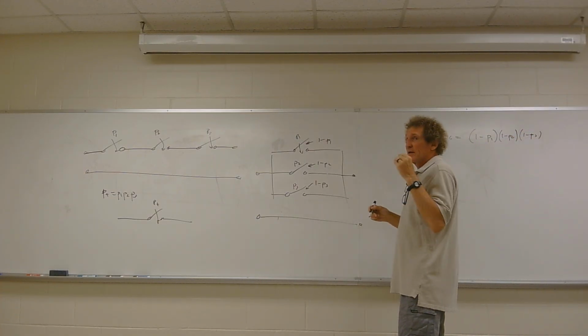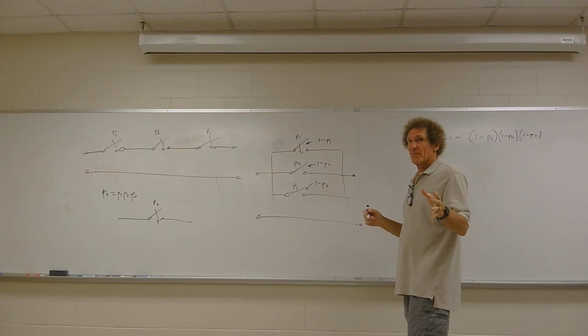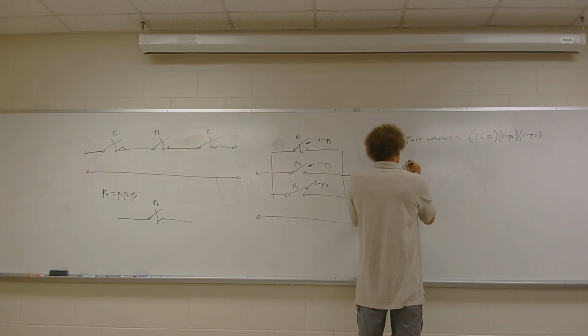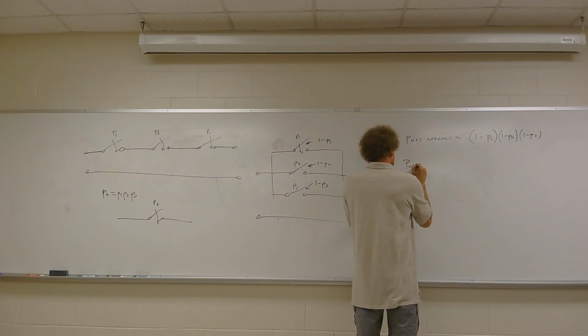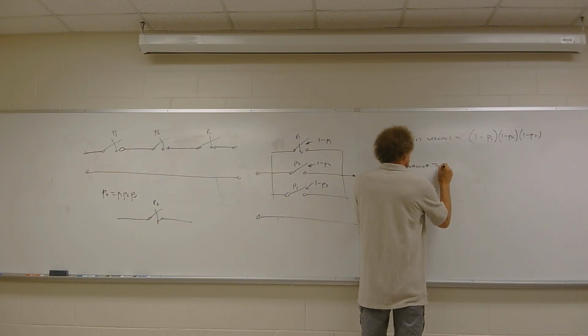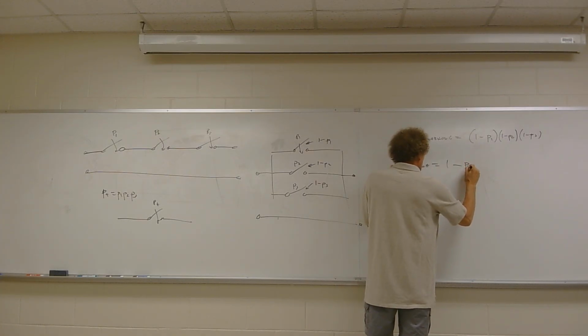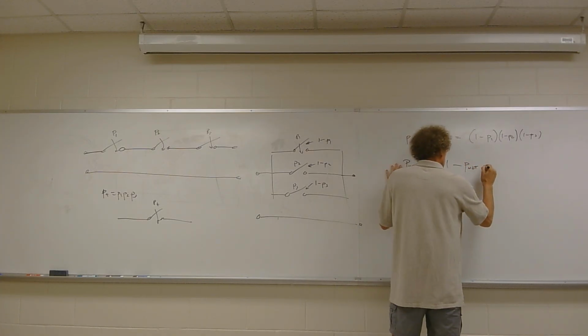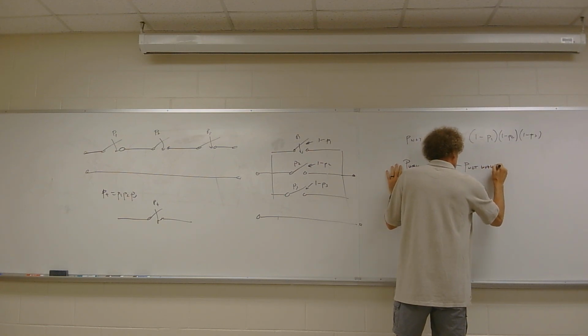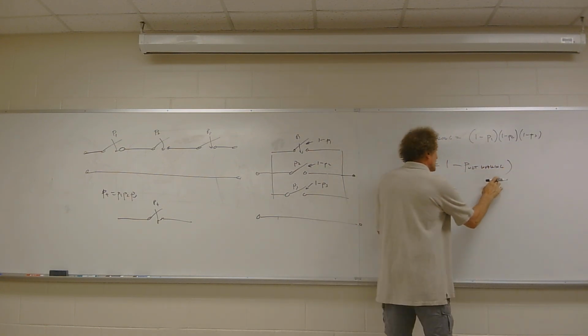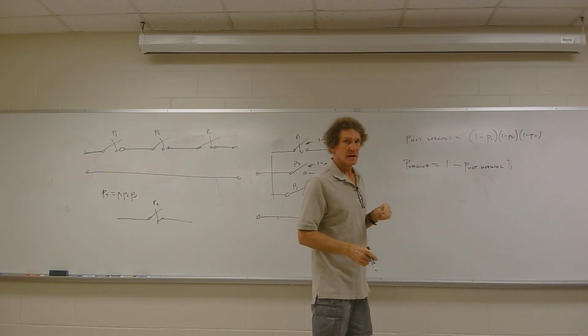So that's the probability of it not working. Therefore, the probability of it working, and this is for this one, is simply going to be 1 minus the probability of it not working. Y'all agree with that, class?